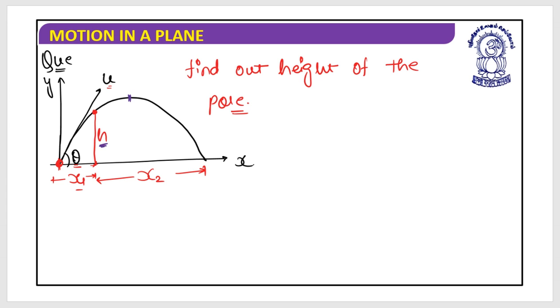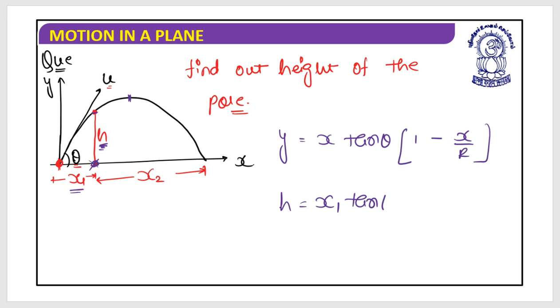So what you can do is just write down the relation y equals x tan theta into bracket 1 minus x by R. The y coordinate here is the height h, and the x coordinate represents x1. So h equals x1 into bracket tan theta into bracket 1 minus x1 divided by range.